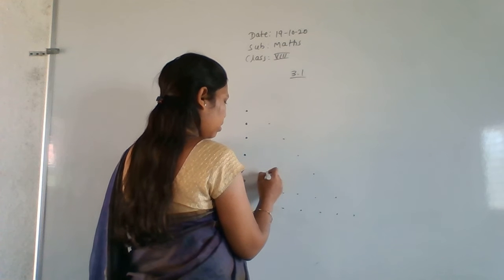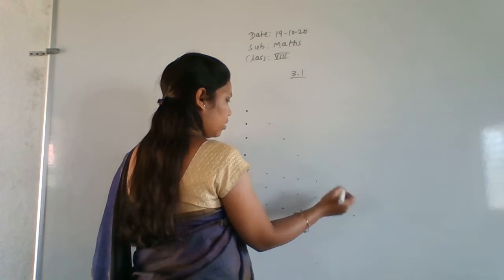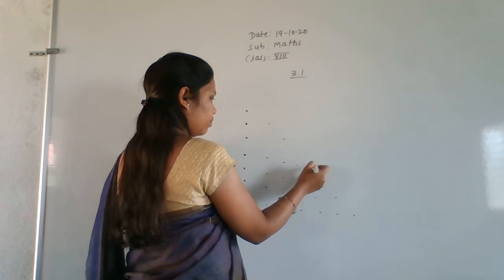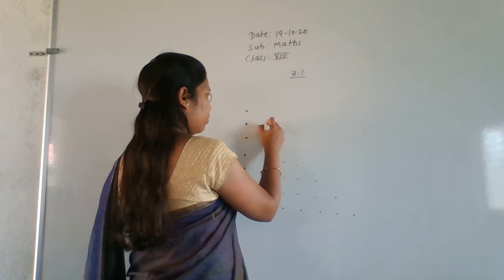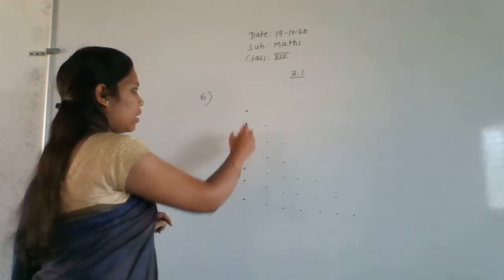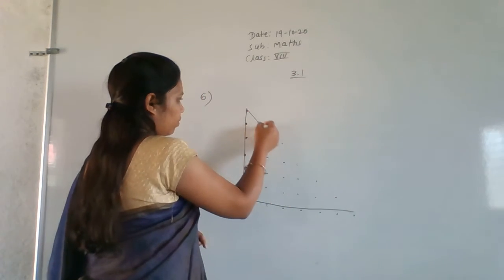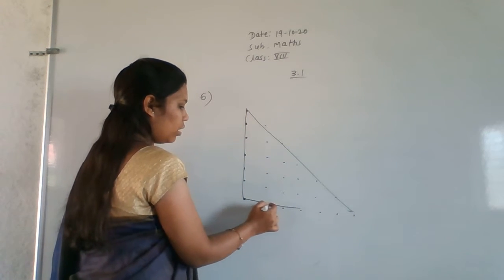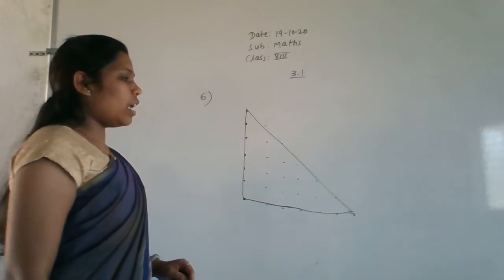Okay, so next, observe the diagram properly, then you get the diagram. So this is our triangle. Join properly. This is a 7 dots triangle.